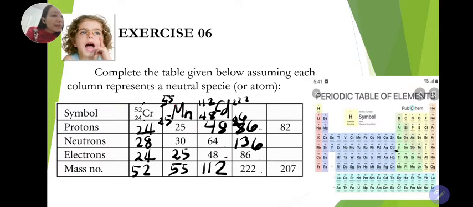The element with atomic number 86 is radon, Rn. Kindly look on your periodic table of elements and check if we are correct. I have already instructed you before we start our class that we will be using our periodic table of elements.